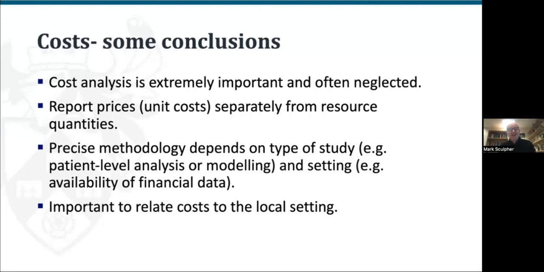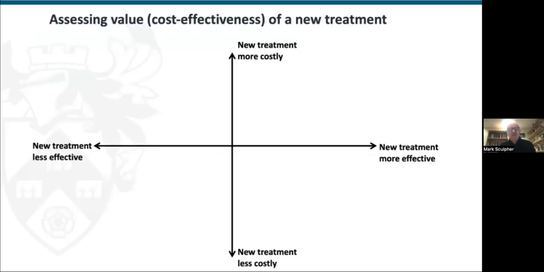We can collect, as part of the clinical study, things like visits to clinics, visits to hospitals, drugs consumed, tests used, and so on. But the costs of those resources will vary by local setting. We can't use unit costs from the USA, for example, if we're doing a piece of economic evaluation for Bangladesh. Those costs have to be suitable for the system.